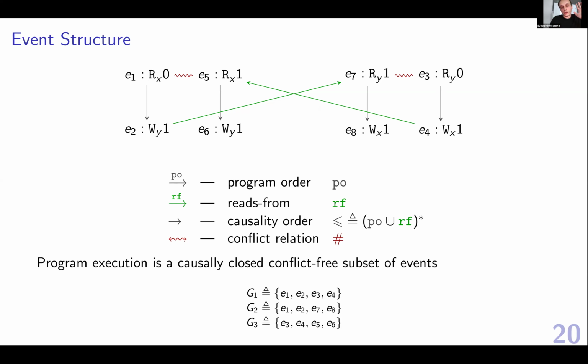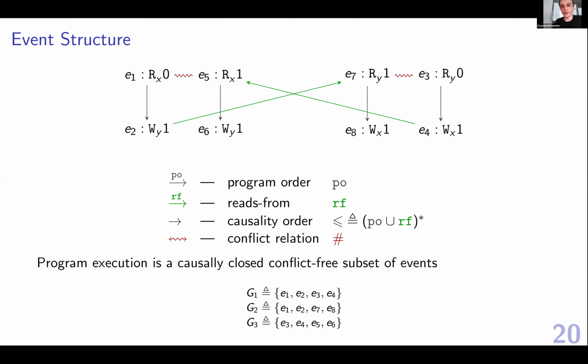So there is one problem with this event structure. Here we can see that it encodes the whole state space of the program, all the events of the program, and it's obvious we cannot keep this whole event structure in memory for the whole duration of the execution of this program, because it will have an exponential number of events.